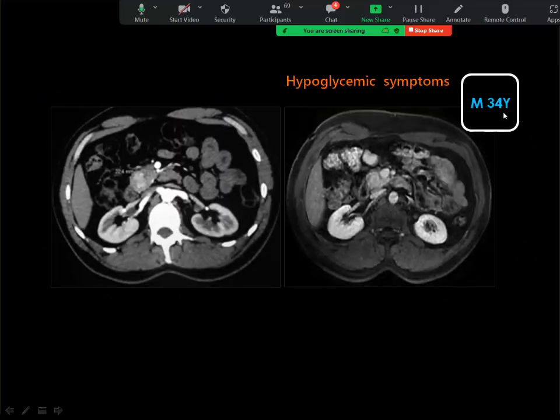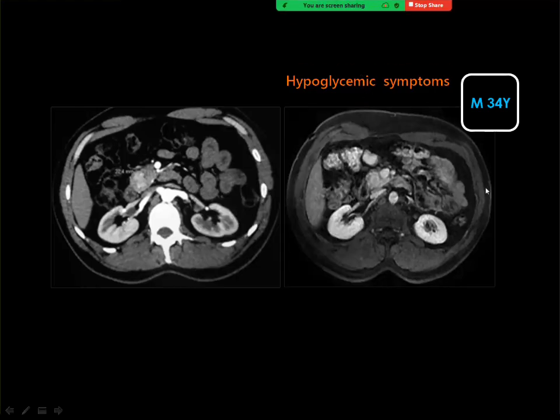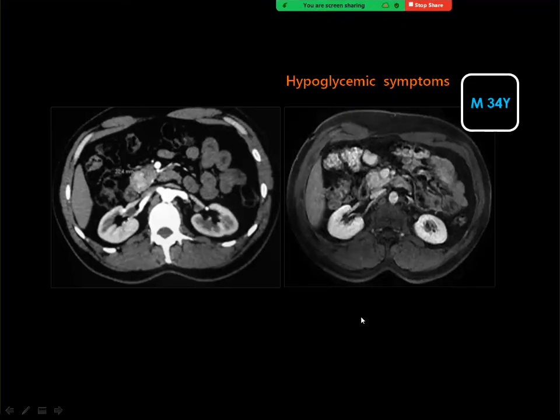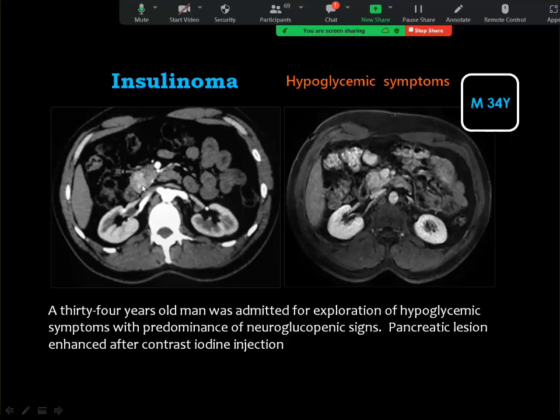Next case is a male 33 years old, 34 years old, with hypoglycemic symptoms. Yes, the answer is right. This is an insulinoma in the pancreatic head, and this is the only indication for triphasic scans of the pancreas whenever you are suspecting an insulinoma, because the tumor is usually very small and it is not seen unless you have the arterial phase.